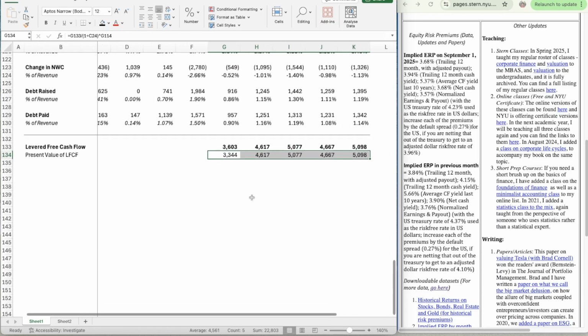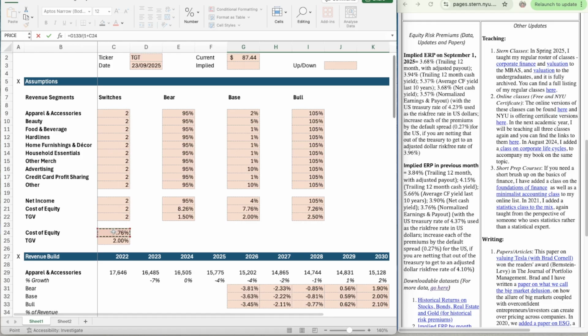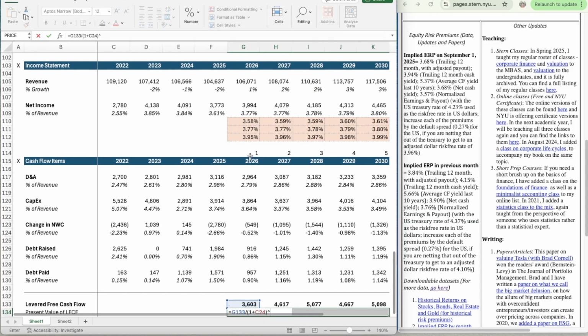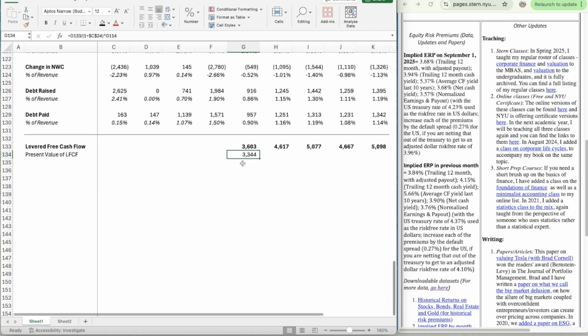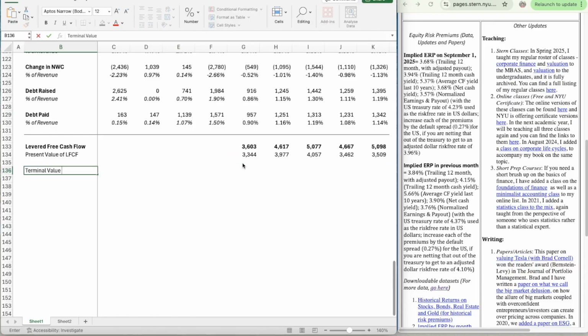Oh sorry, I'll do that again. Divided by 1 plus the cost of equity to the power, and lock in the cost of equity. Okay, now it's similar to what we were doing last time.